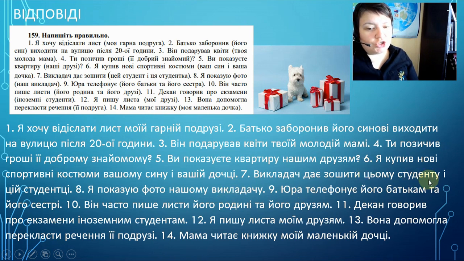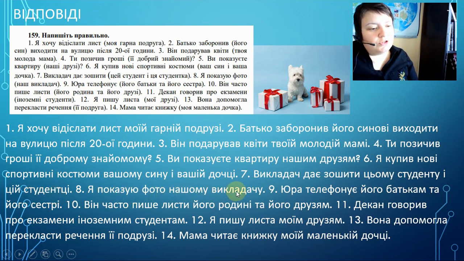Викладач дає зошити цьому студенту і цій студентці. The teacher gives exercise books to this male student and to this female student. First case grammatical masculine, next case grammatical feminine, dative.